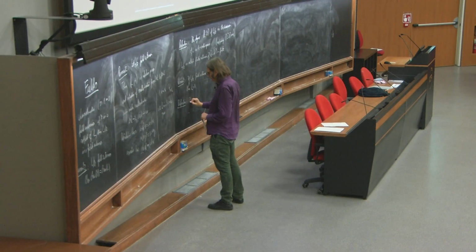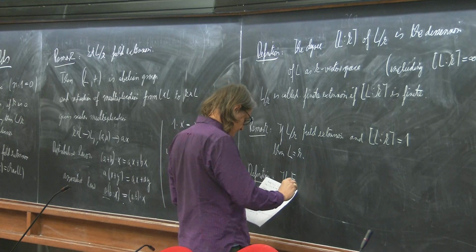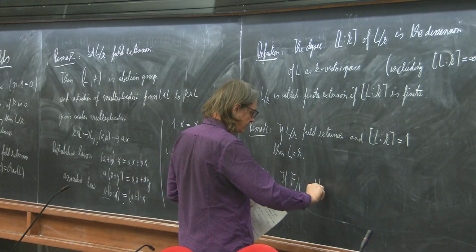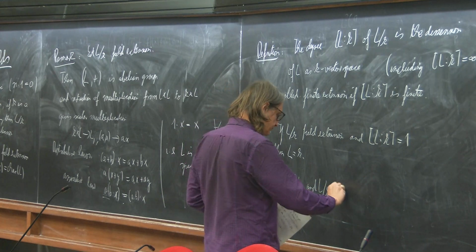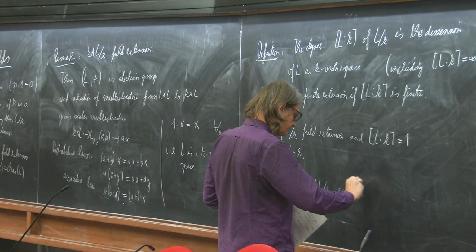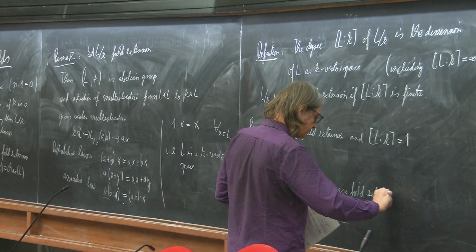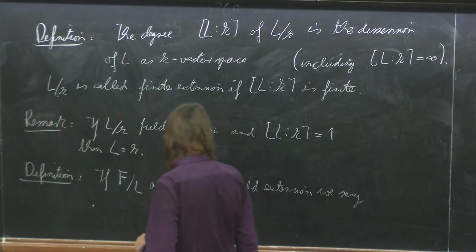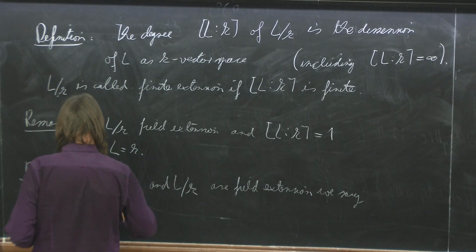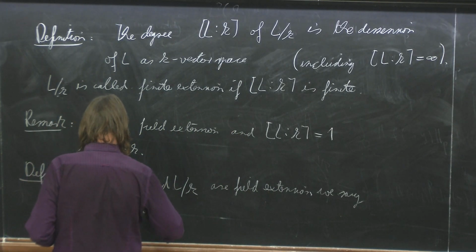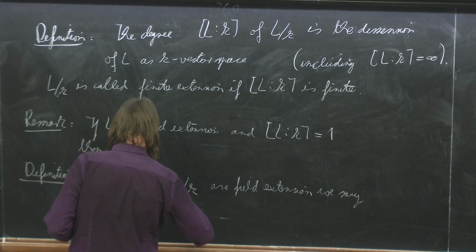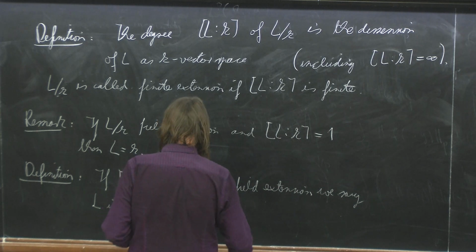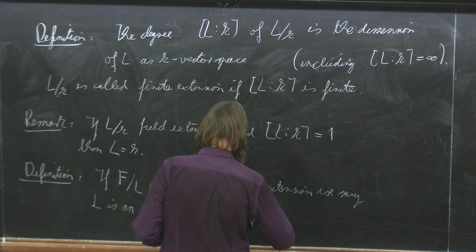So if F over L and L over K are field extensions, we say that L is an intermediate field of the extension F over K.